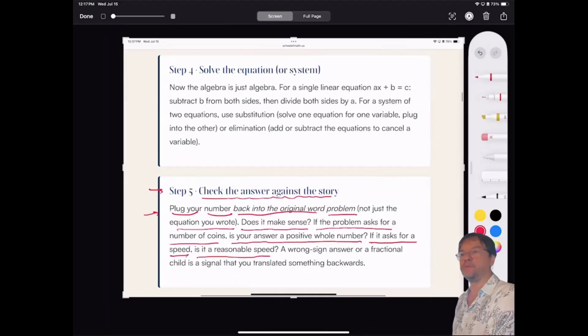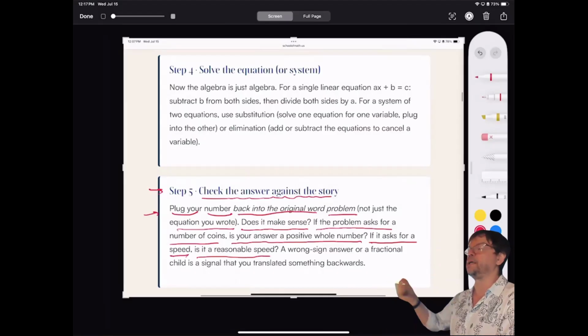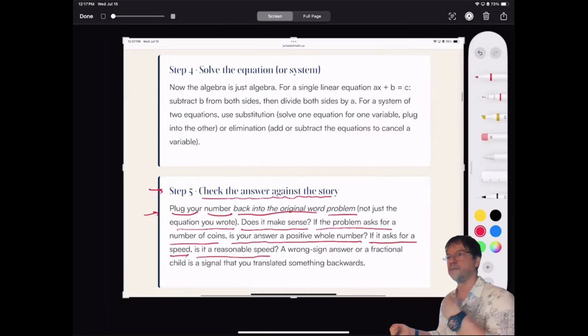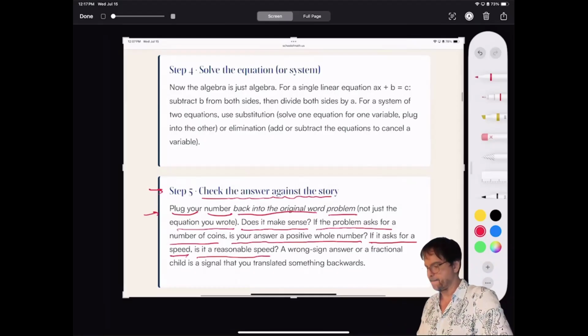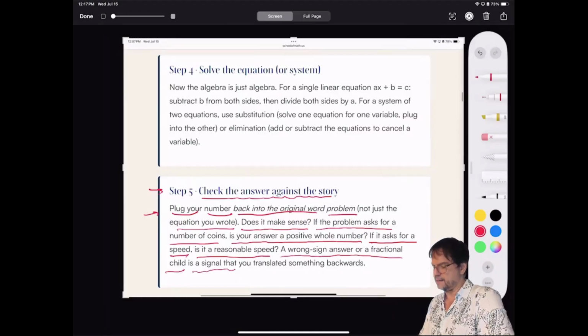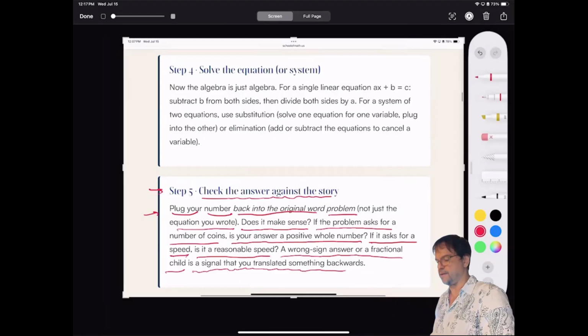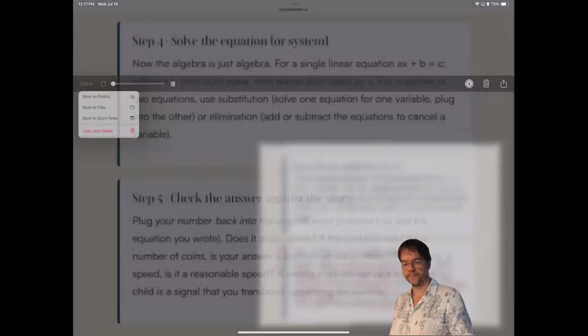I don't know. Sometimes a car and you find that it's 1 million meters per second. Something is wrong in your calculations. Do you agree? Okay. A wrong sign answer or fractional child is a signal that you translated something backwards. Okay.